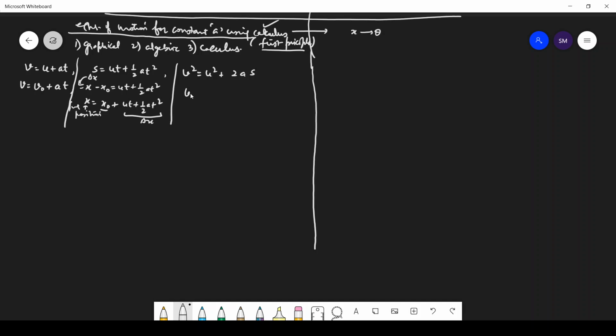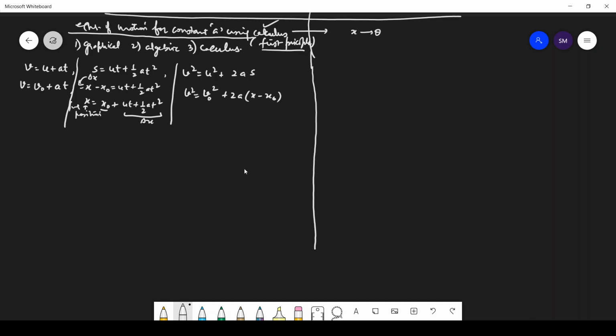So here also, replacing u with v naught, we get v square minus v naught square equals 2a, and replacing displacement s with x minus x naught.